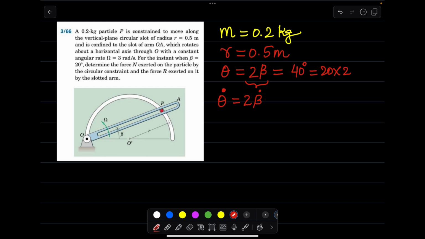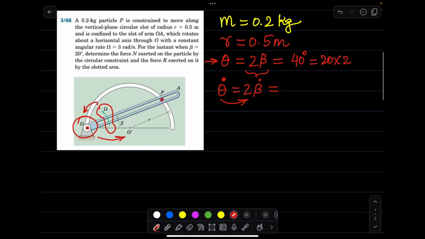The point O is here and the omega value is given with respect to point O, but we need to find it with respect to O dash. So I will write theta dot is equal to 2 beta dot, because above we wrote theta is equal to 2 beta, and the value for beta dot is given as 3 radian per second. So this will be 6 radian per second.